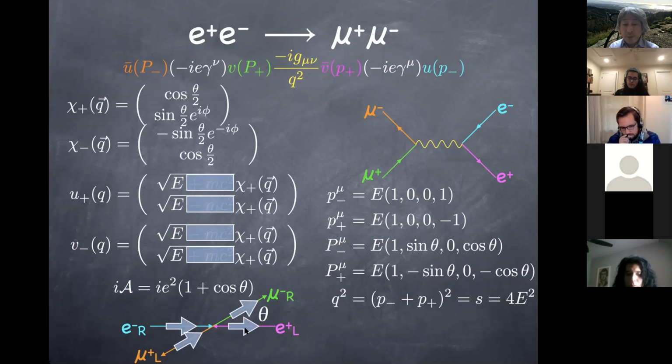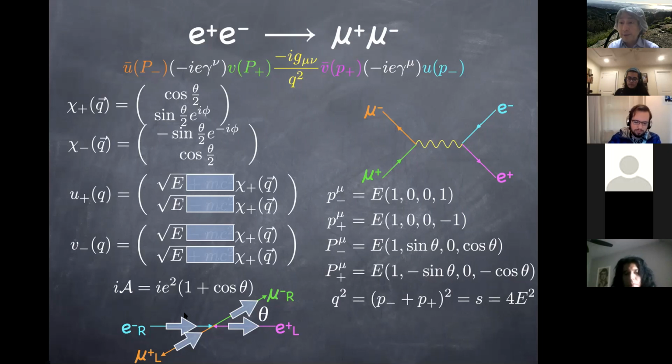So the initial spin 1 along this direction has the maximum overlap with spin 1 along the muon direction when this angle theta vanishes. But when theta goes all the way to 180 degrees, the initial state has spin 1 in the positive z direction, and the final state would have spin 1 in the negative z direction. Then angular momentum wouldn't be conserved.